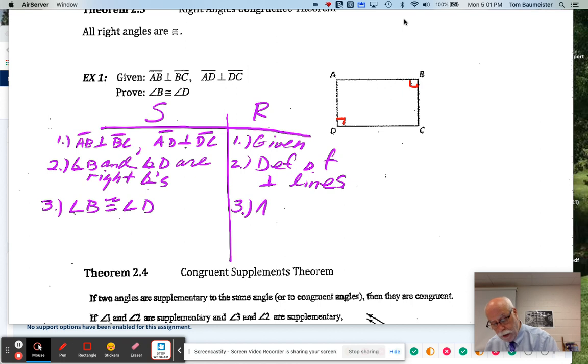So all right angles are congruent. And we're done with that one.